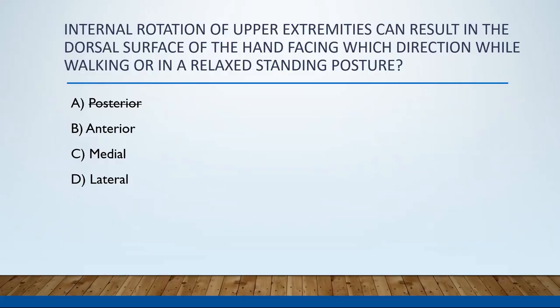If you're wondering why it can't be dorsal, we will talk about that momentarily. Internal rotation of the upper extremities can result in the dorsal surface of the hand facing which direction while walking or in a standing position. All right, 3, 2, 1, go. Tell me what you think.